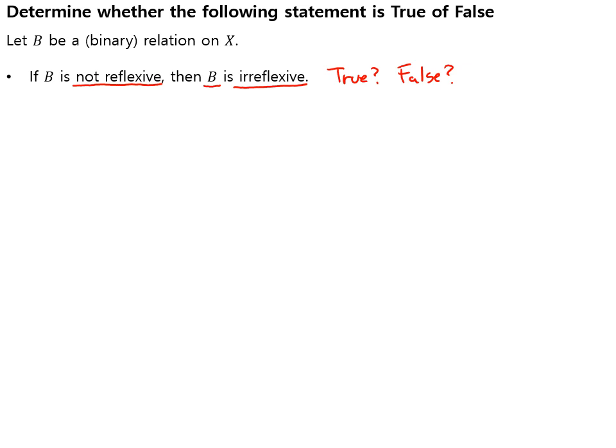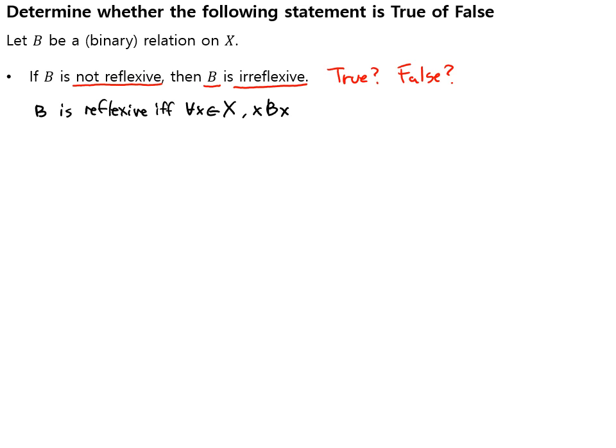So to understand this, it will be helpful if we go back to the basic definition of what it means for a binary relation to be reflexive. So the binary relation B is reflexive if and only if for all elements x in X, x B x.